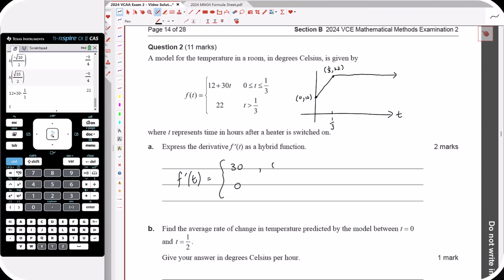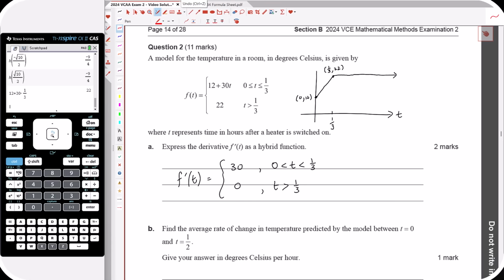And so I would say that this derivative should be this, the domain for that should be that. And then obviously the function is definitely not differentiable at t equals a third. And so t is greater than a third. But the marking guide would also have accepted this as a less than or equal to.